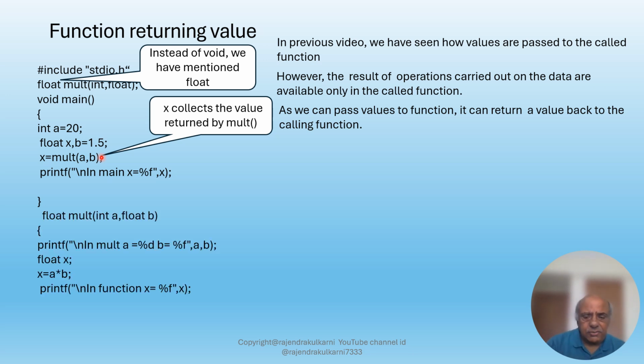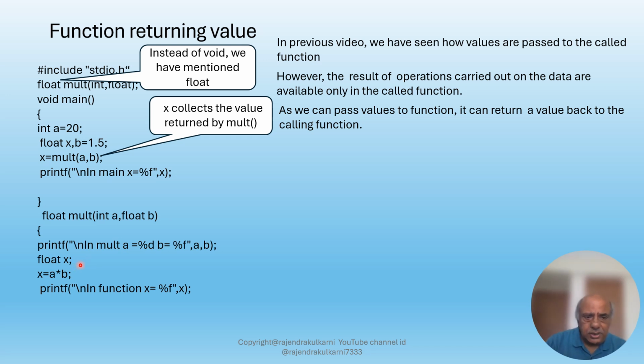This is the function definition: float mult(int a, float b), and then the function body. First, we have taken the values of a and b passed to the function mult through the function call.